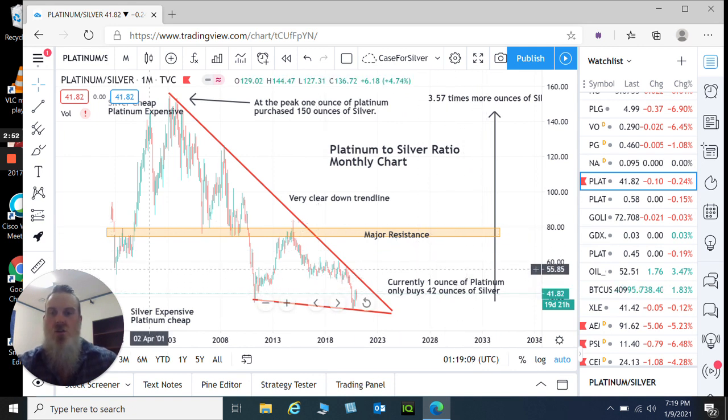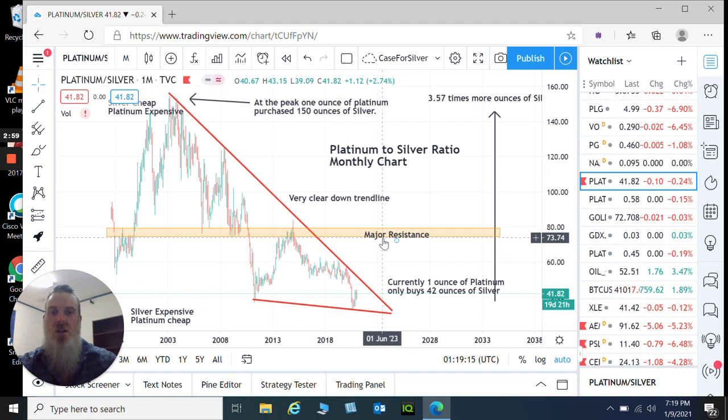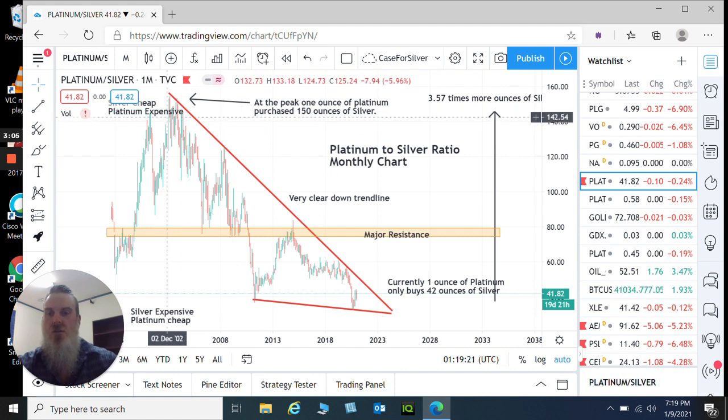So down here, to make it clear, silver is expensive and platinum is cheap right now when we compare one to the other. Back here in 2002, 2004, we hit the peak where 1 ounce of platinum purchased 150 ounces of silver.